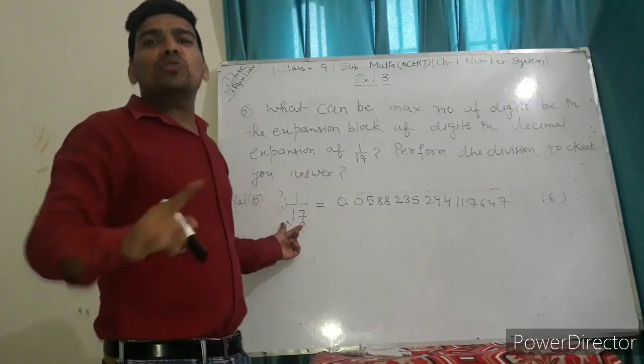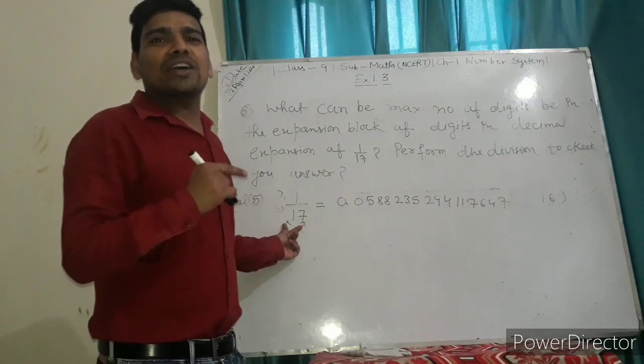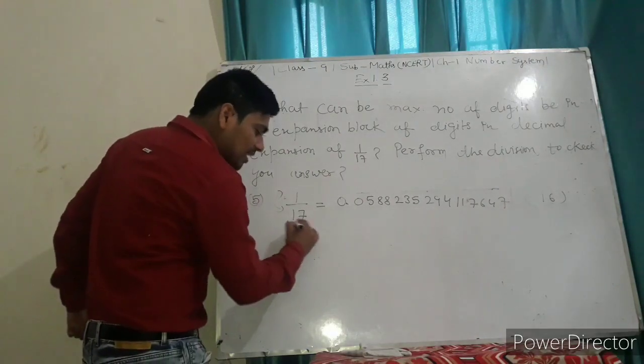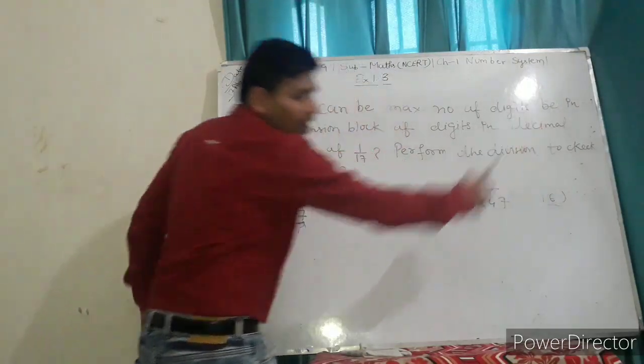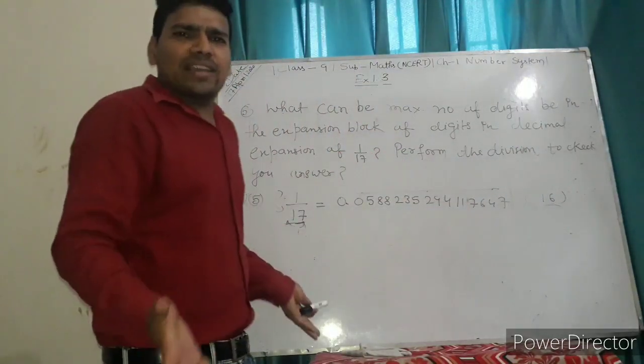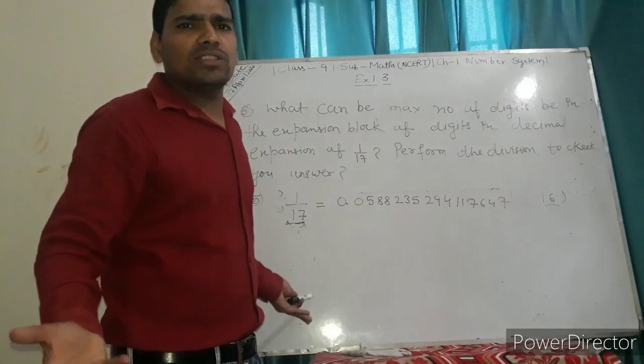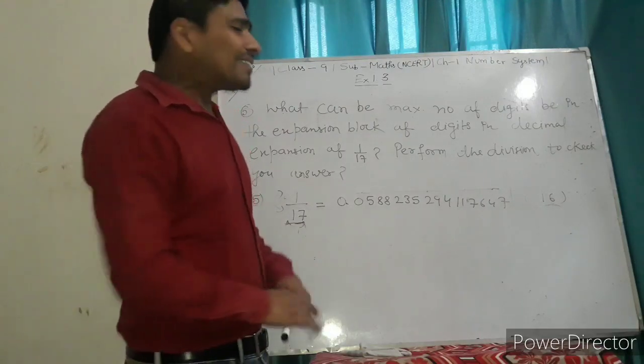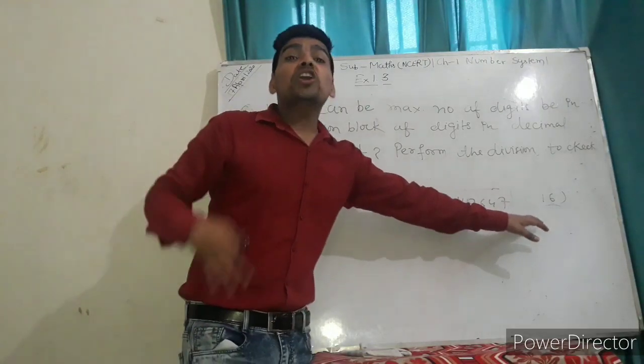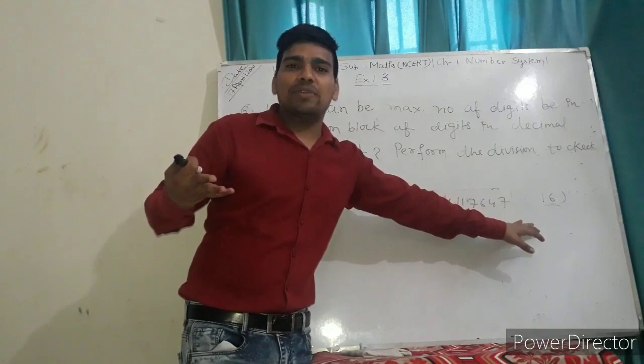It can't be more than this denominator. We have to learn it. Because this is 17, the digits can be up to 16. It can be a 3 digit, 4 digit, 5 digit repetition, but it can't be an 18 or 19 digit repetition.